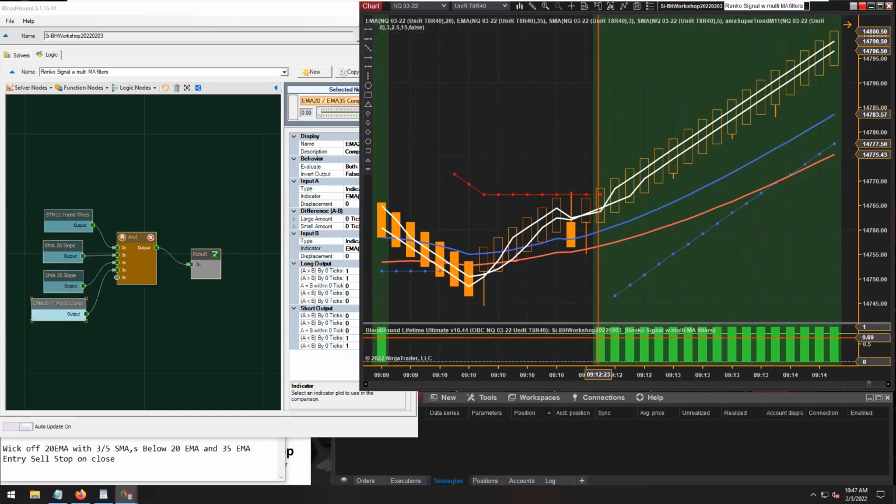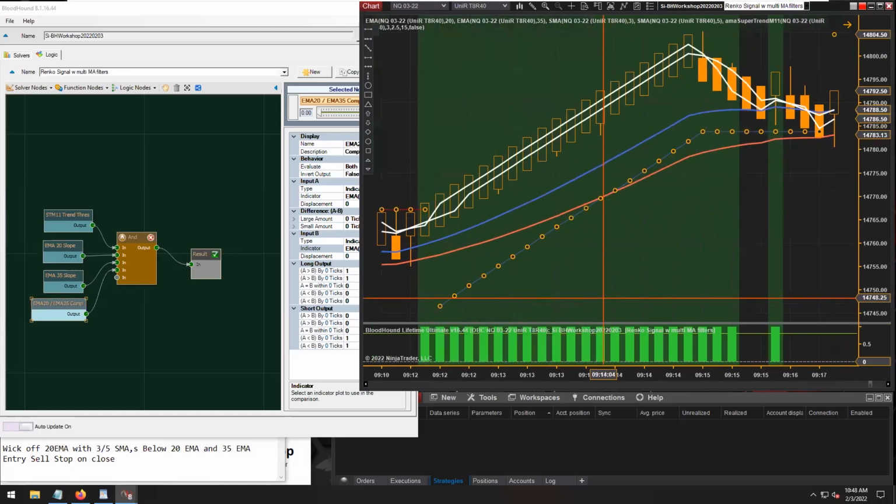So the long output starts basically when the close of the bar breaks above the super trend downtrend plot. So now basically the uptrend has started, and then of course the fast EMA is above the slower one, and the super trend trend direction has changed.